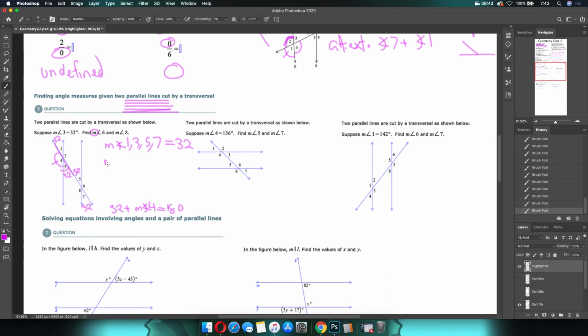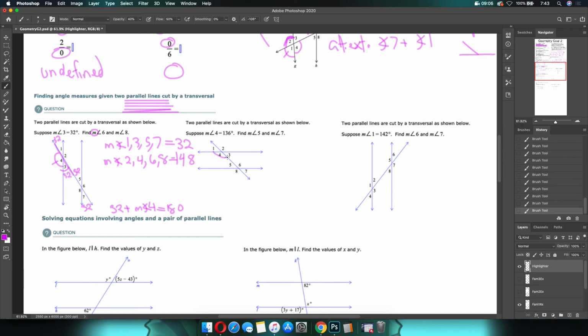The measure of angles 2, 4, 6, and 8 is in fact, wow, my brain skittered to a halt, 148. And honestly, it really is that simple. Don't overthink it.